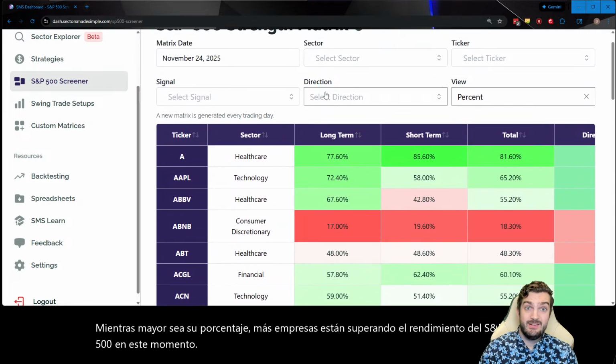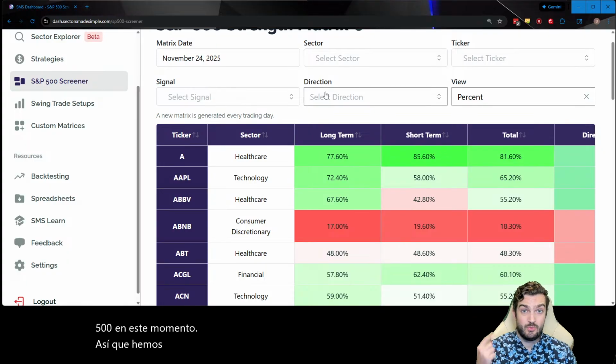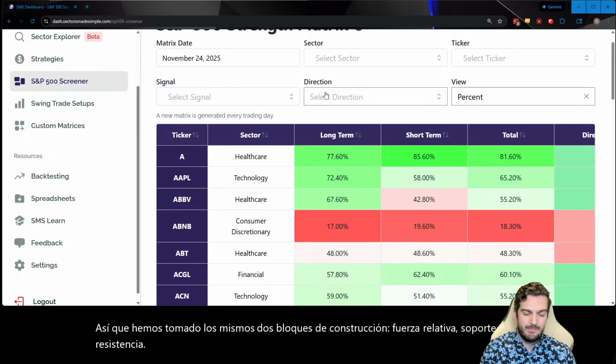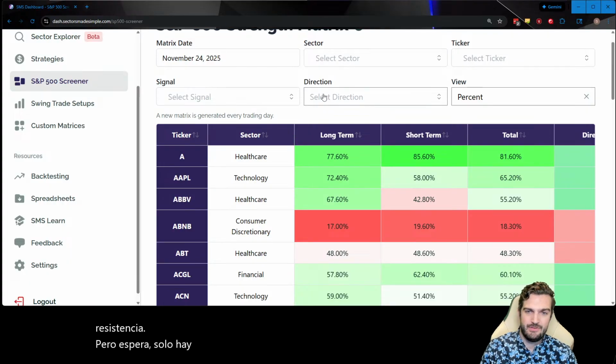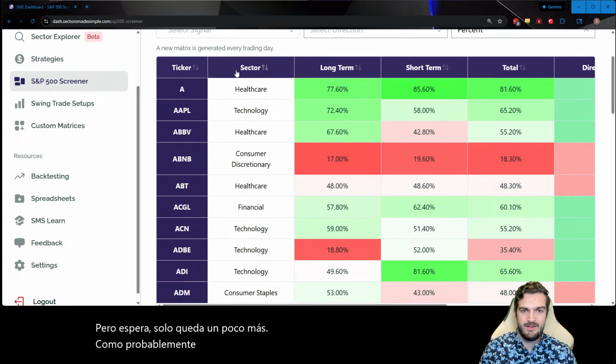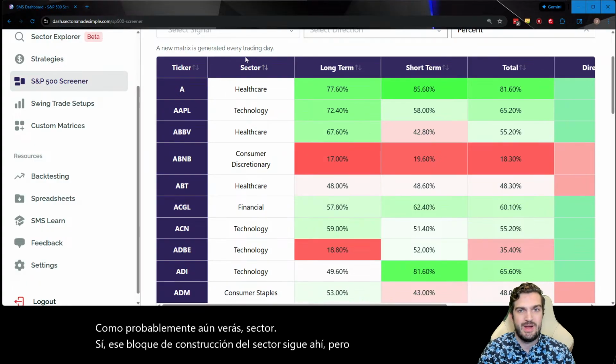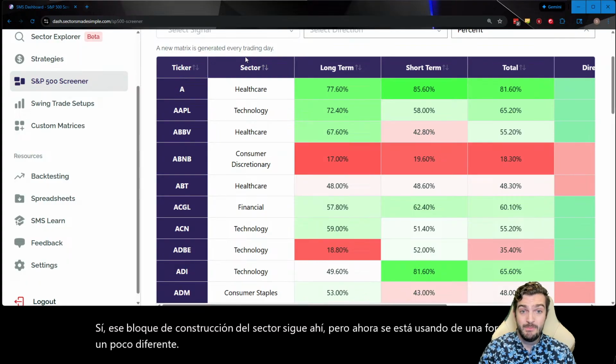So we've taken the same two building blocks, relative strength and support and resistance. But wait, there's just a little bit more, because you'll probably still see sector. Yeah, that sector building block is still there, but it's being used in a slightly different way now. How?